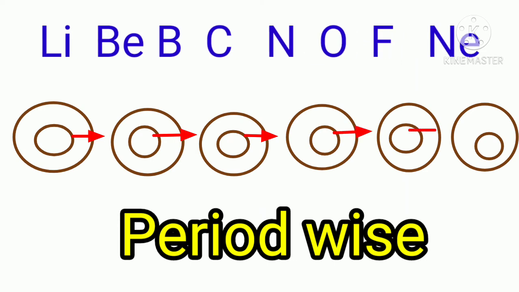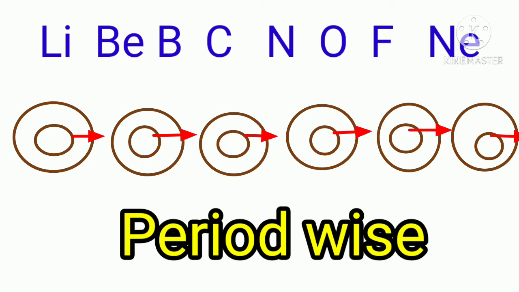Left to right, lithium to neon, the atomic number also increases, but the outermost electrons also enter the same shell. That is 1s2, 2s2, 2p1, then another electron 2p2, then 2p3, then 2p4, then 2p5, then 2p6. So the outermost electrons enter the same shell.